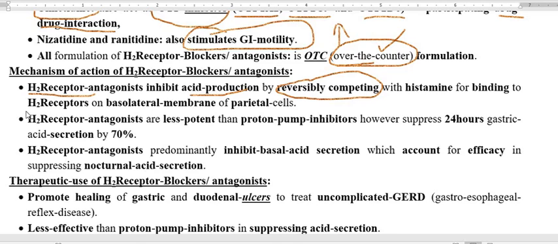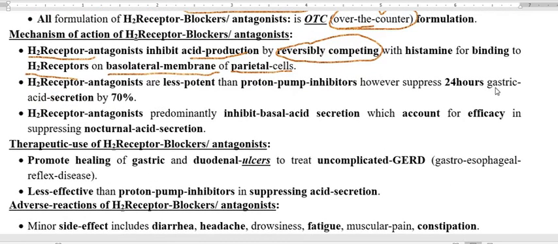Where is this H2 receptor present? It is present on the basolateral membrane of the parietal cells. Regarding efficacy, under this group all four drugs are coming: cimetidine, nizatidine, ranitidine, famotidine.